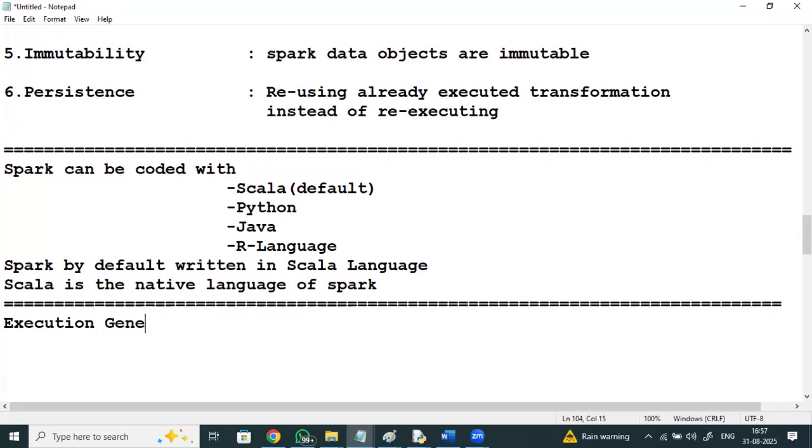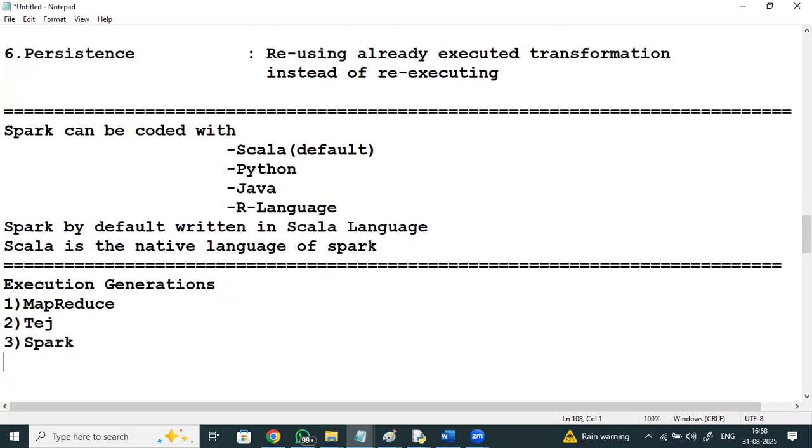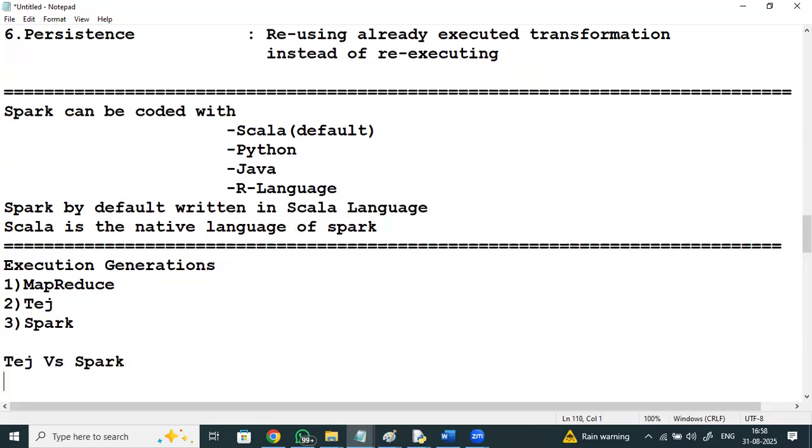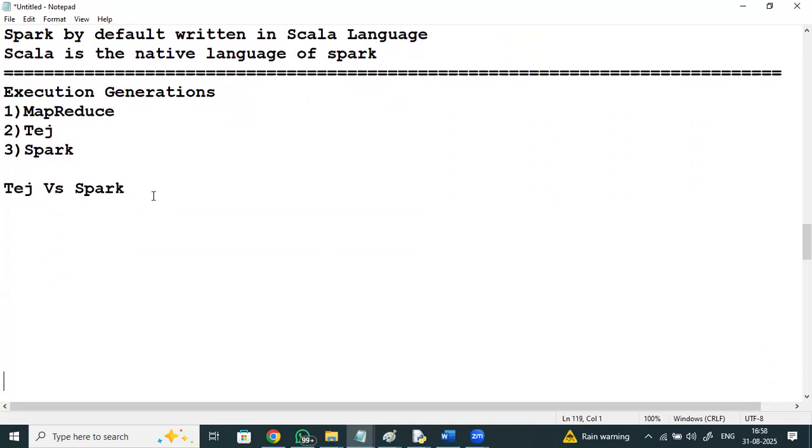Execution generations. If we talk about execution generations, we have MapReduce, Tez, and Spark. We see the different technologies compared with Spark. Tez and Spark both follow the DAG, directed acyclic graph model.